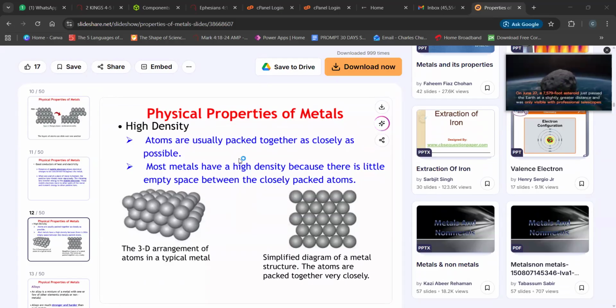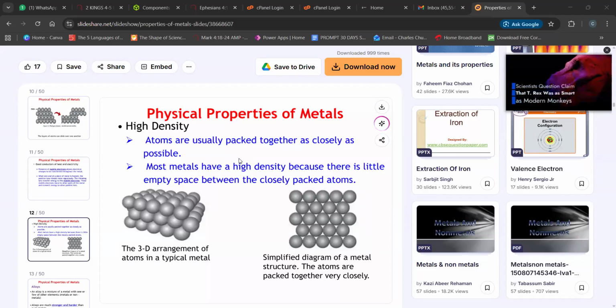Another property is high density. The formula for density is mass per unit volume. So if you have more mass packed into a unit volume, that automatically guarantees a high density.